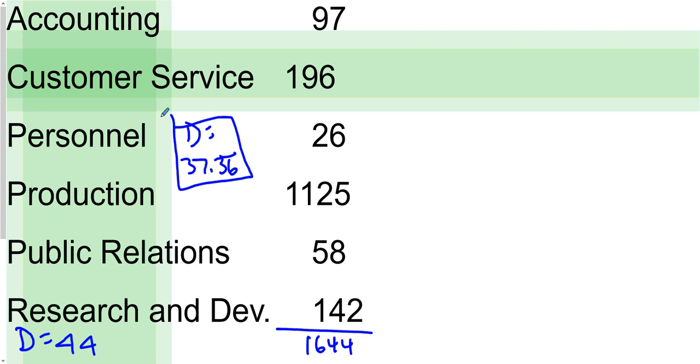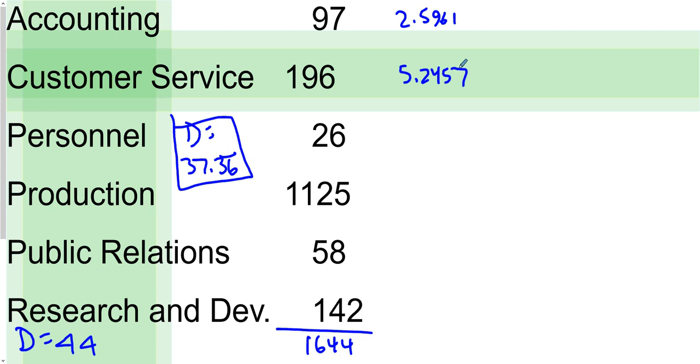Okay, so the first thing is let's create our natural quotas. So let's do 97 divided by 37.36, and we get 2.5961. Okay? And then we're just going to do the same for all the other ones. 196 divided by 37.36 is 5.2457.